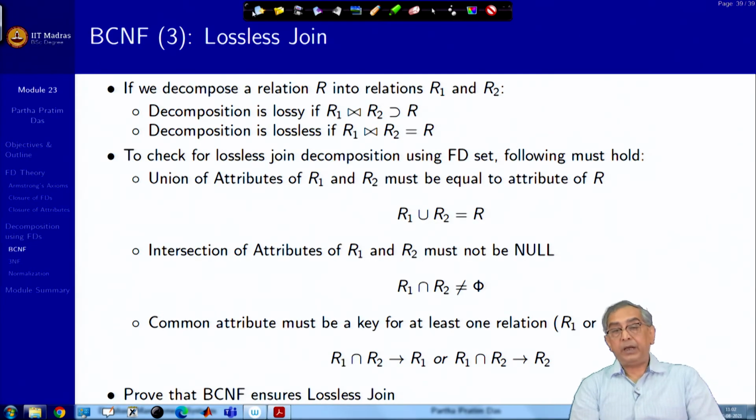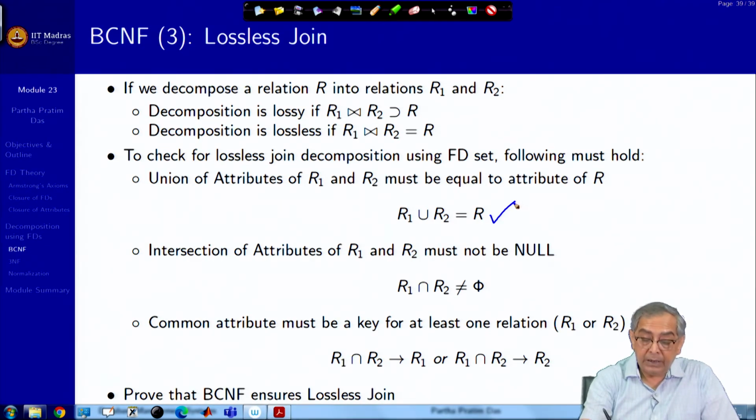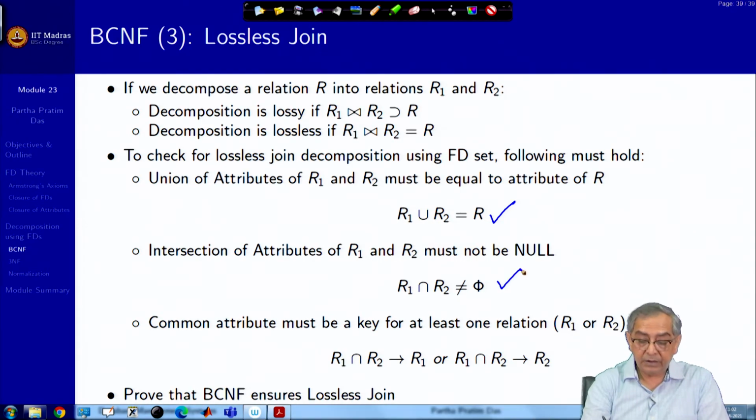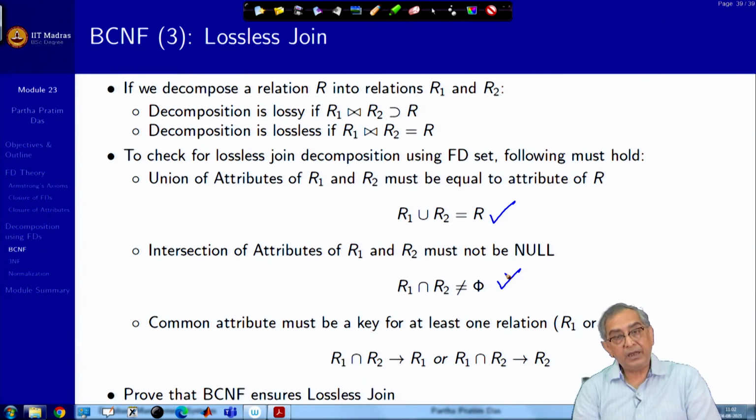For a lossless join decomposition, the following must hold. One, the union has to cover all the attributes. Two, there must be at least one common attribute to do the join.